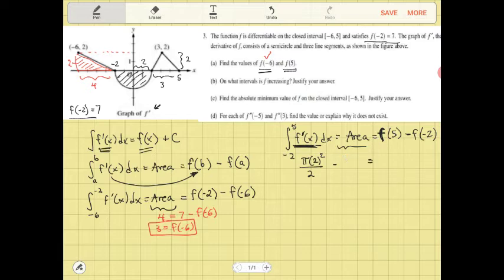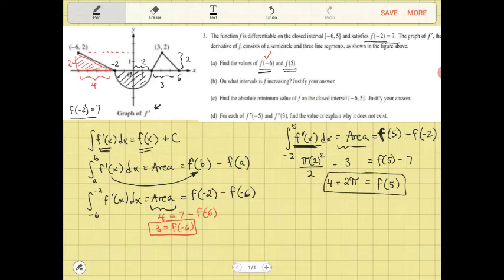So that is 3 times 2 over 2, which is 3. F of 5 is what we want, and f of negative 2 is 7. So work this out, and you will get an area of 4 plus 2 pi. Am I doing that right? Let me check. 7 minus 3 is 4. And yes, so I believe this is correct.